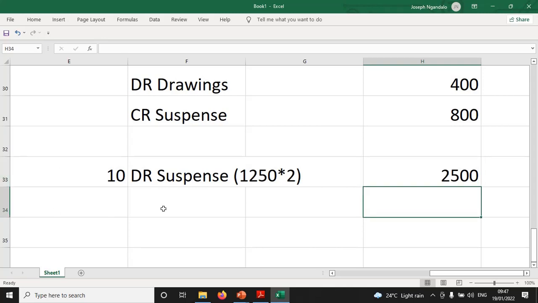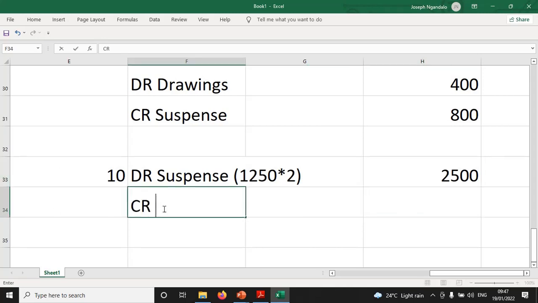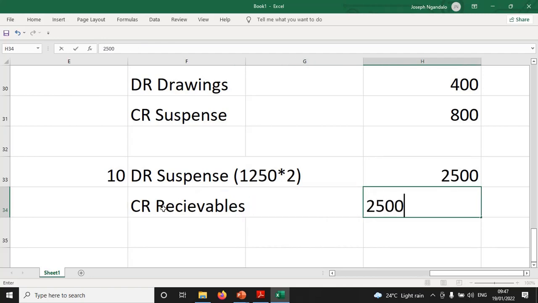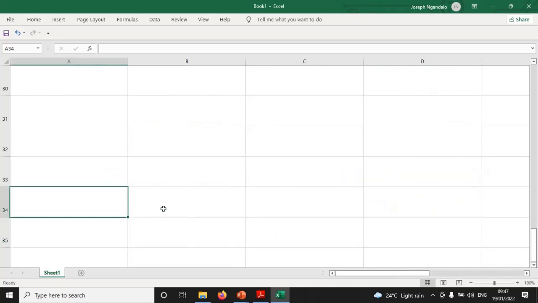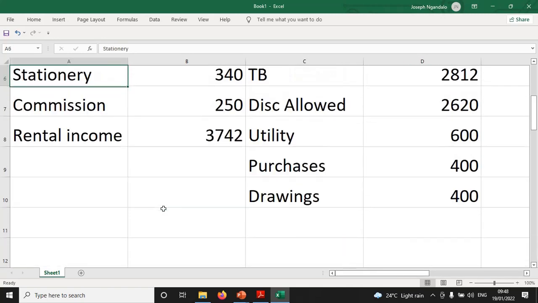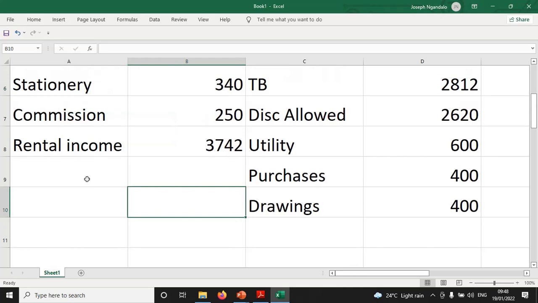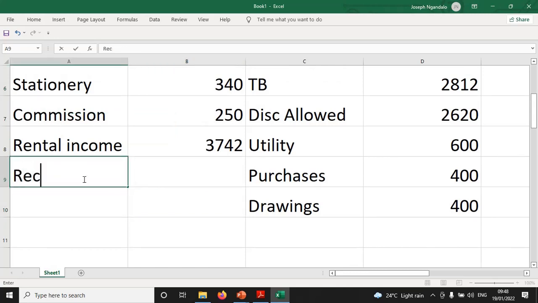And then credit receivables by the same amount, 2,500. So where do we put the suspense? On the debit side, eh? We call it receivables, on the debit side. Is your suspense balancing?